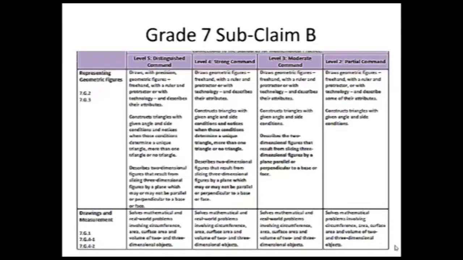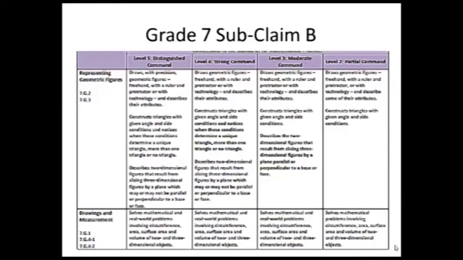And most importantly, when you're studying the standards to teach in 7th grade, what you need to understand is that the geometry that you teach in 7th grade is of absolute critical importance to the geometry that they will learn in high school. And if a child leaves 7th grade and does not have a good command of this representing geometric figures, particularly the conditions involving triangles, when do I make a unique triangle?